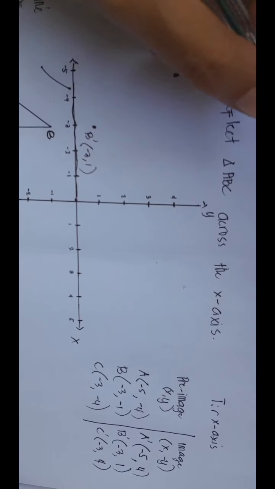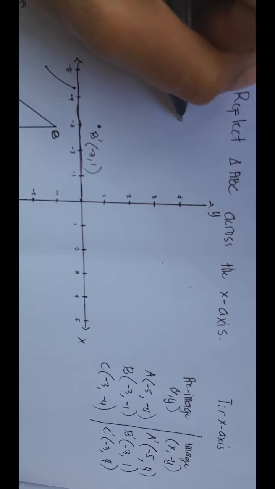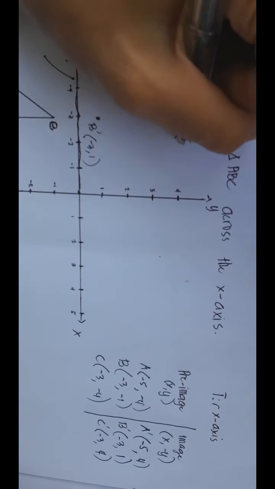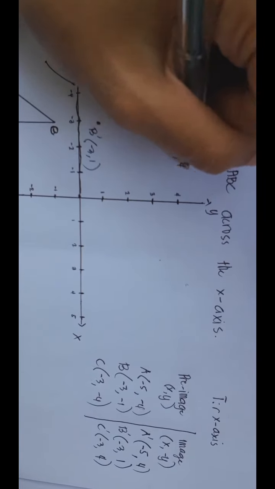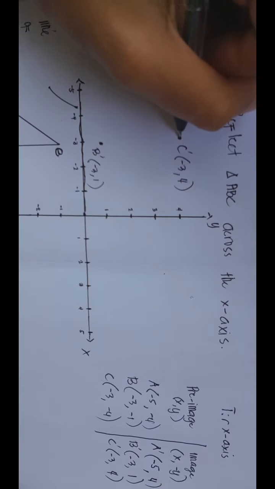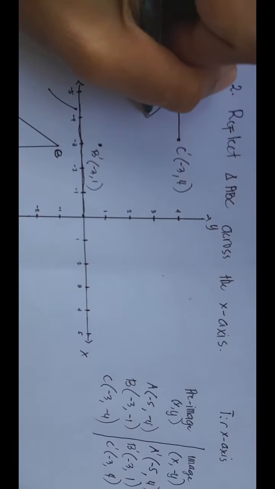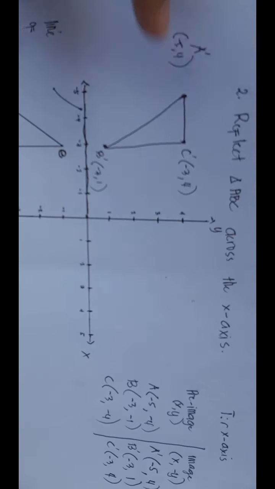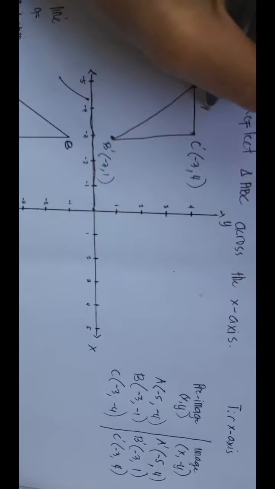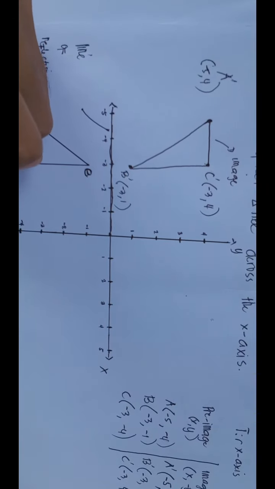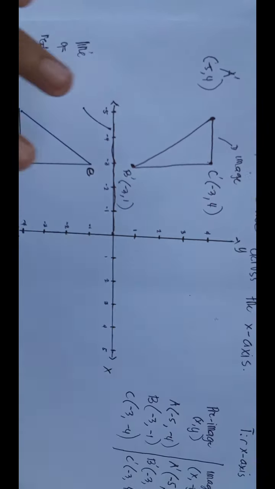And C, negative 3, positive 4. Now we need to connect these dots here. So this is our image. And now this is our pre-image. So that's it.